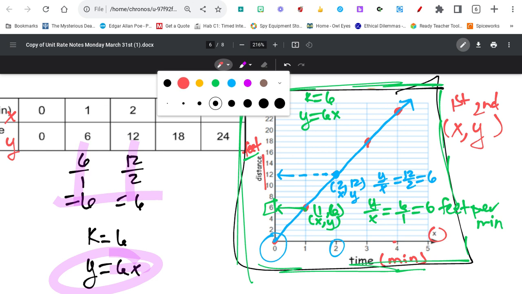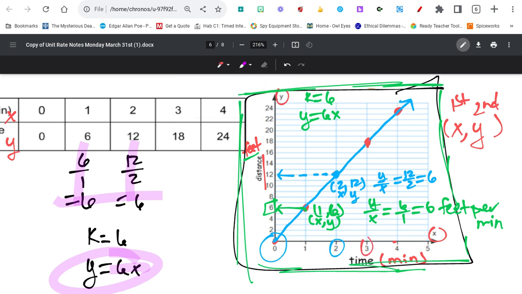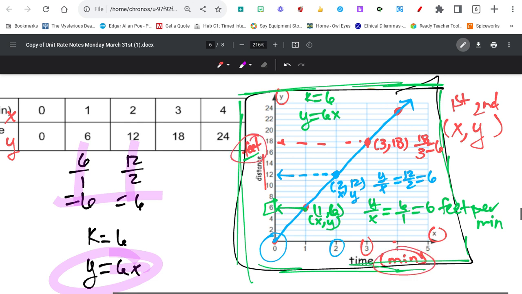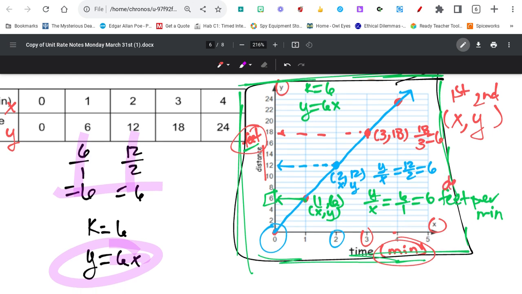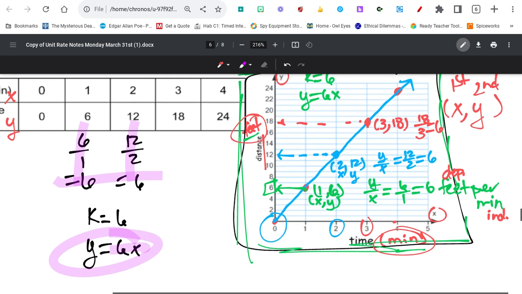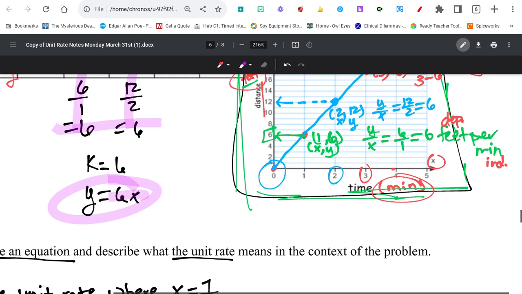If I go with the red one, that's an x of 3 and a y of 18, and 18 divided by 3 is also 6. You can choose any ordered pair you want to, and just put your units on it. So that's 6 feet per minute, okay? Dependent over independent. Feet per minute, your rate.